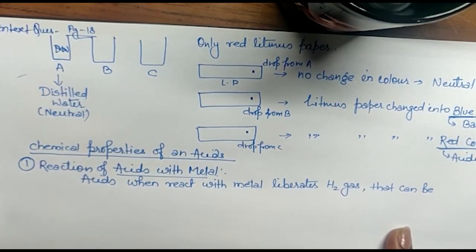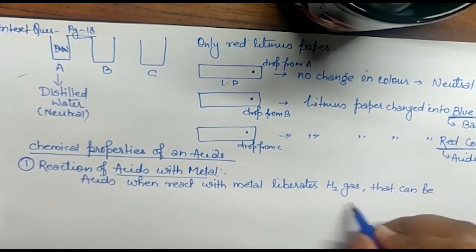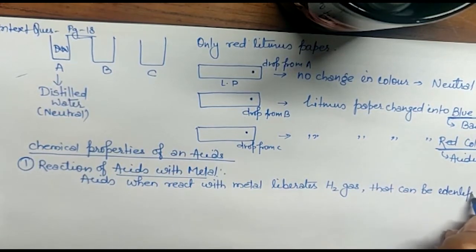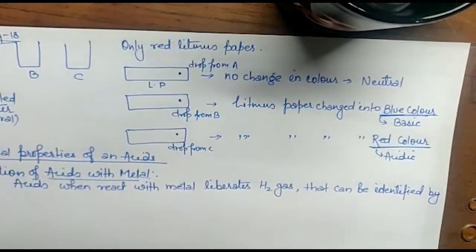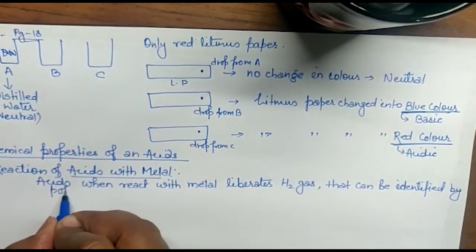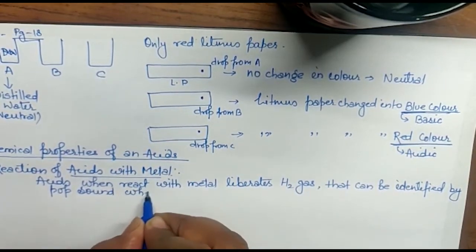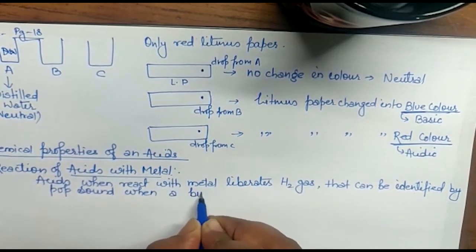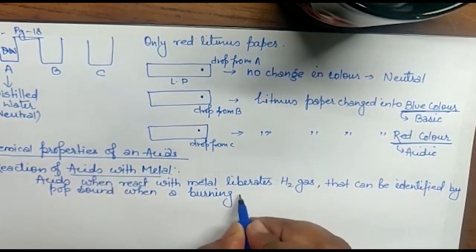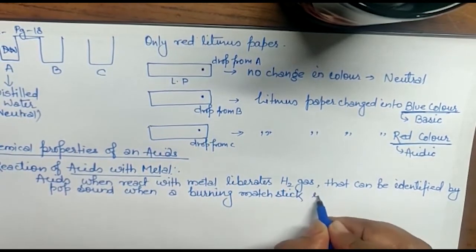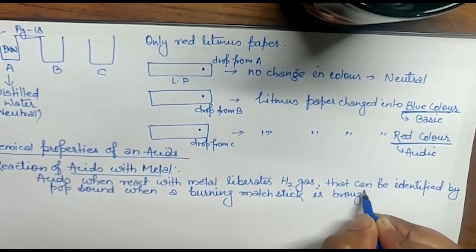But which gas, H2, carbon dioxide or oxygen, is evolving will be confirmed by a pop sound when a burning matchstick is brought to the mouth of the test tube.